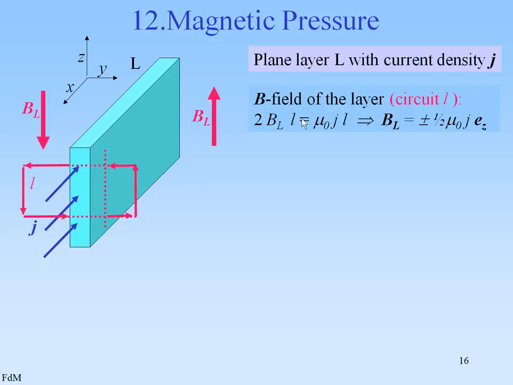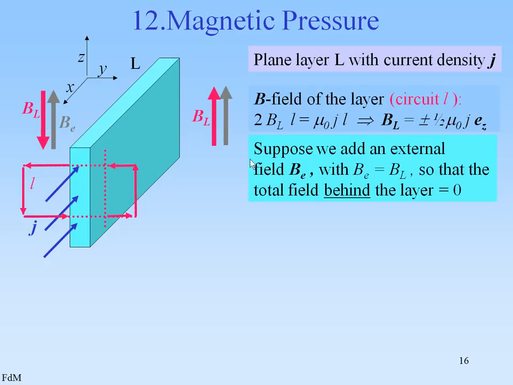The B will be mu naught times J, so B_L will be given by plus or minus 1/2 mu naught J. And the direction is in the z direction, along the path here. B_L and B_L here. Suppose we add an external field B_E, with B_E equal to B_L, so that the total field behind the layer is 0. And this is to reflect the situation when you have a solenoid inside.